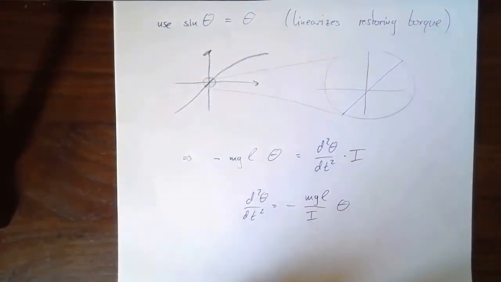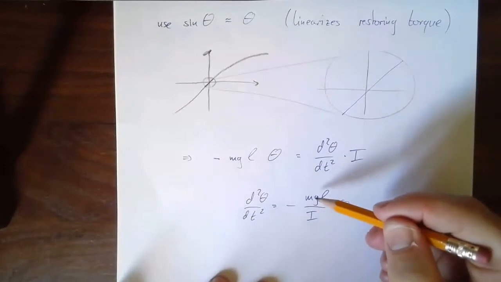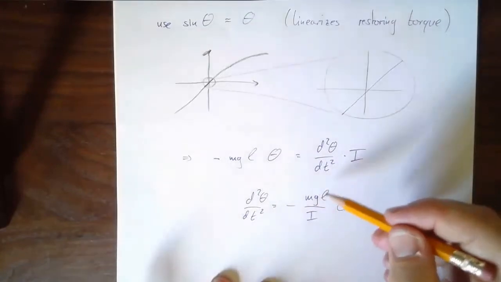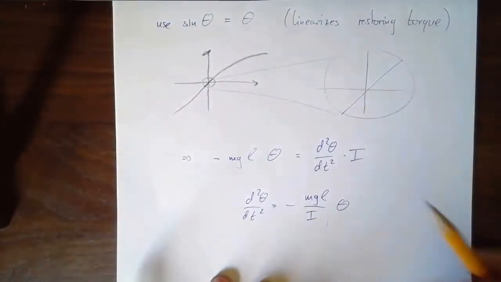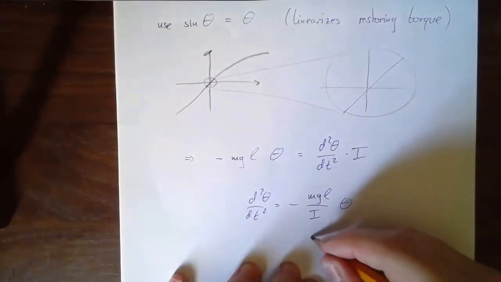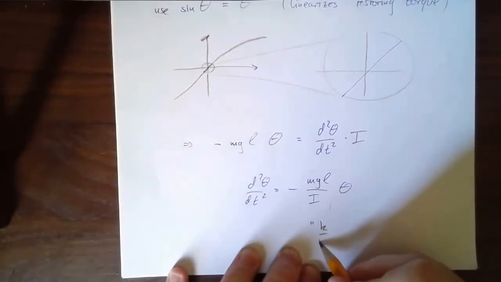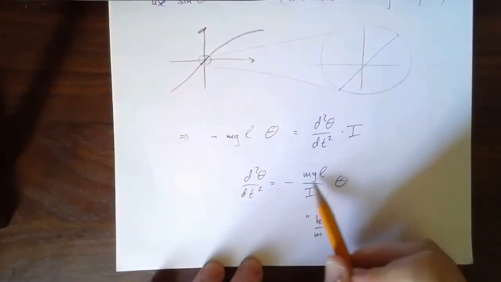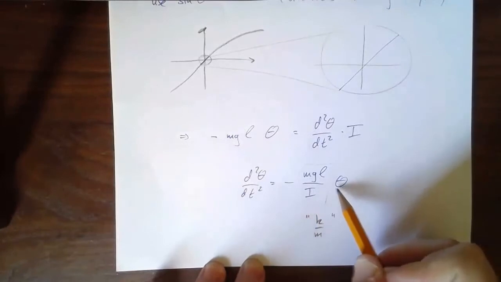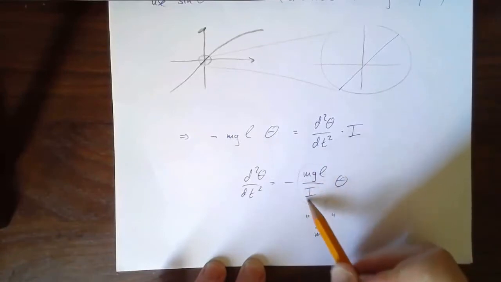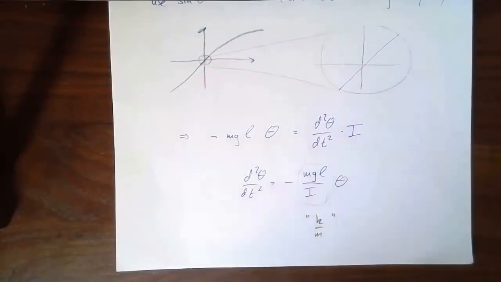And so I can identify this part here as ultimately being equal to, we put it like this, this is essentially k over m, right? Because normally I have ma equals minus kx. Now if I imagine I take the m to the other side, then there's just one constant, which is this one here. And so this is my k over m.